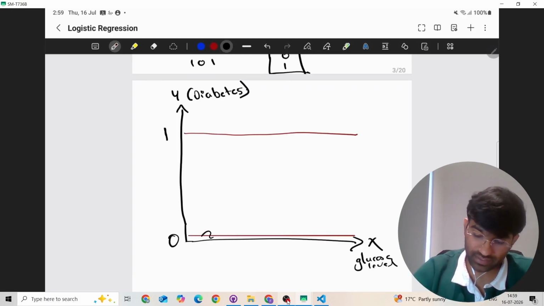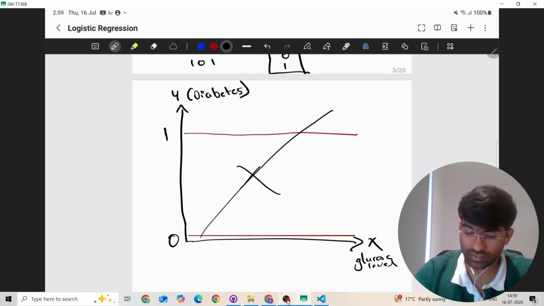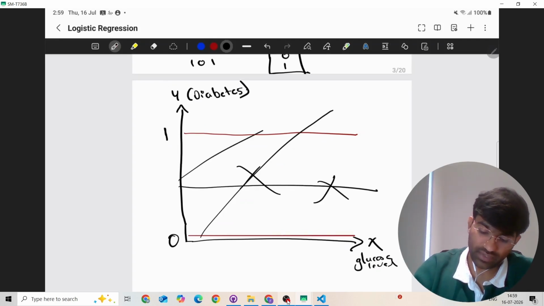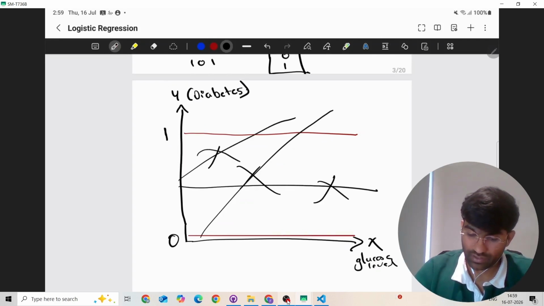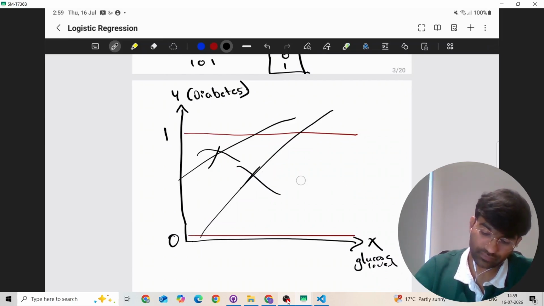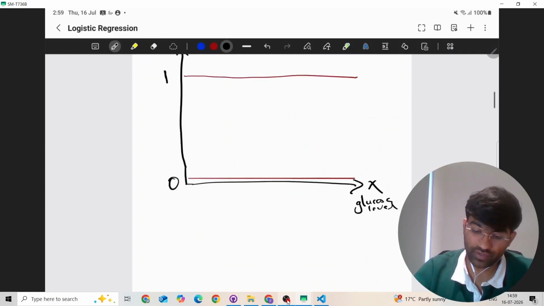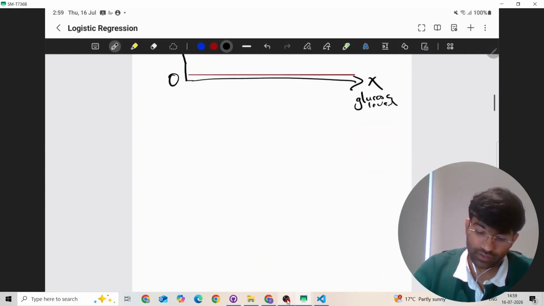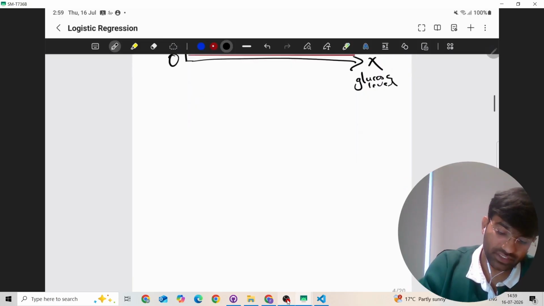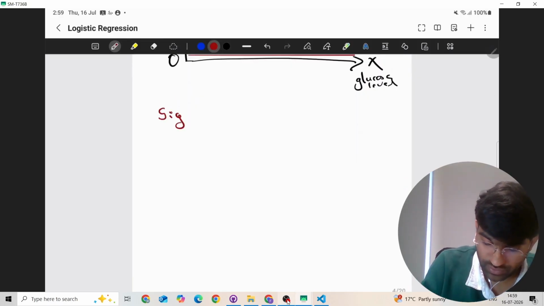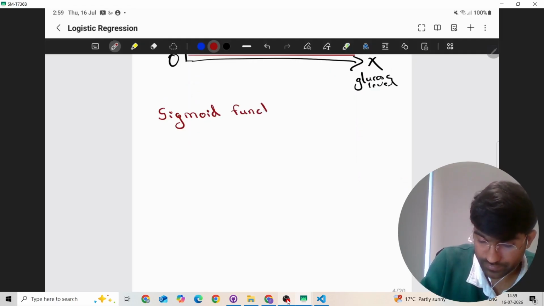It can't be like this, it is wrong. So what will be the best fit line for logistic regression? We have to find it. To identify the best fit line in logistic regression, we use something called the sigmoid function.